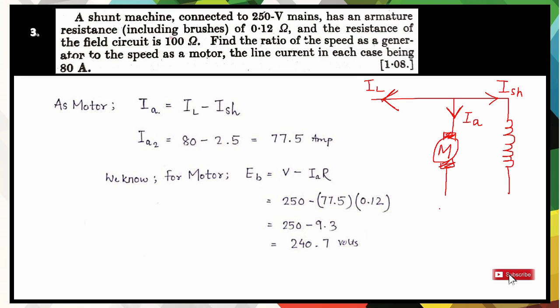So you can say IA equal to IL minus ISH, which is the difference between the currents IL and ISH. So we can calculate IA as 80 minus 2.5, 77.5 ampere, and this is the voltage equation for motor, EB equal to V minus IA RA. So finally you can calculate EB as 240.7 volt.